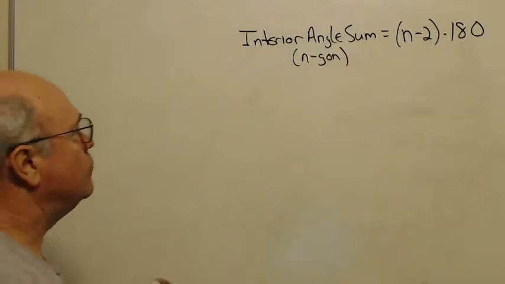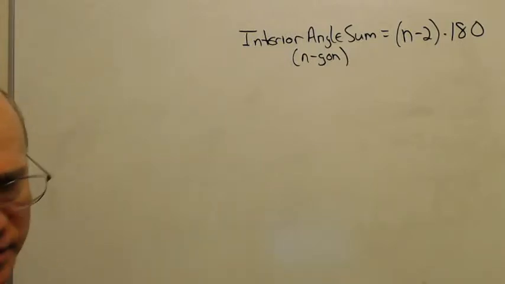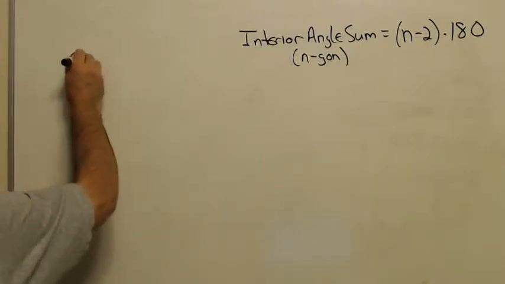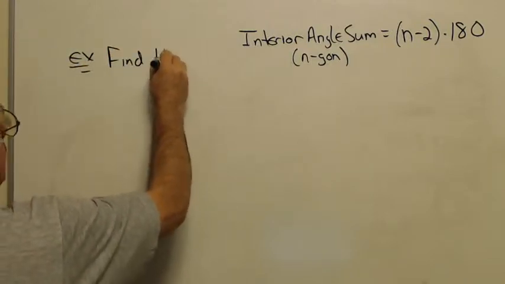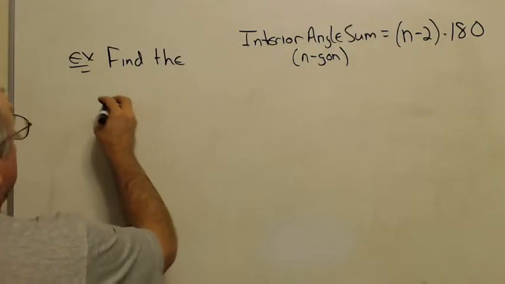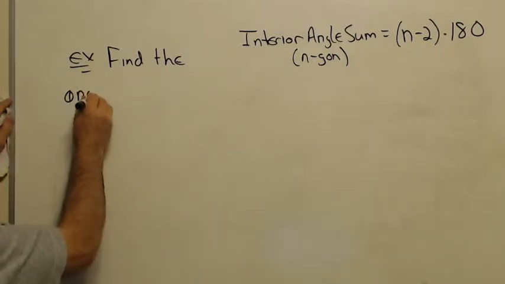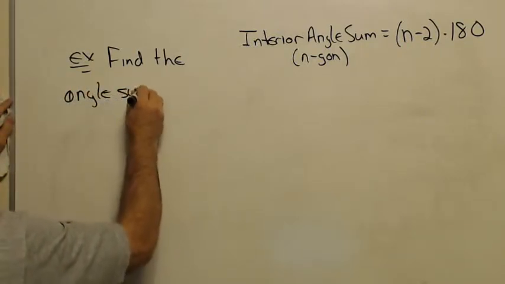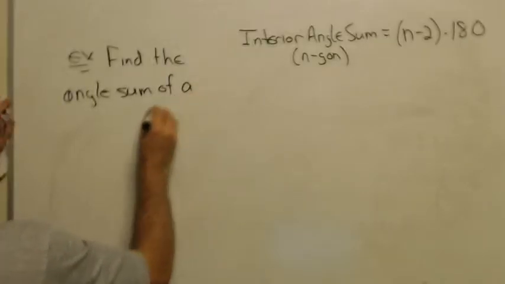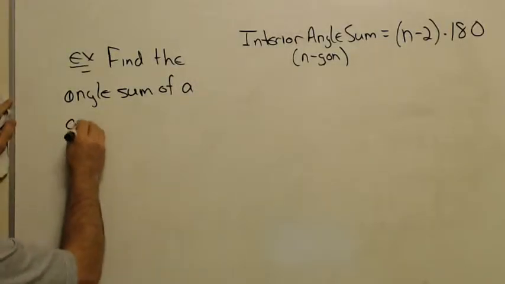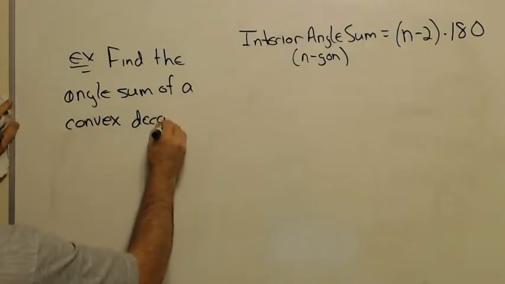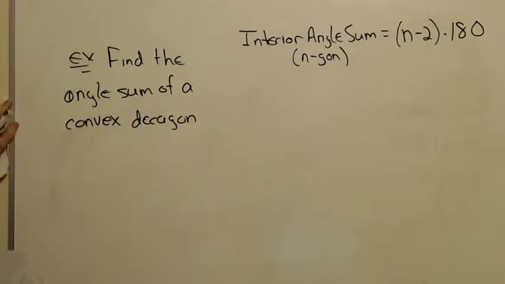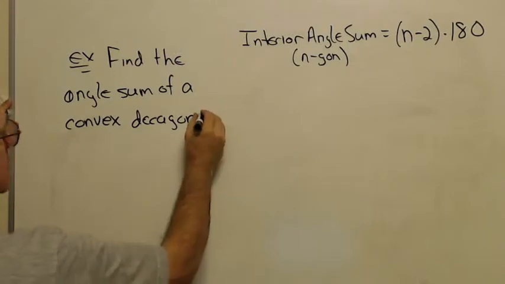Okay, so for example, we might have a problem that says, find the angle sum of a convex decagon. Now, a decagon, you'll learn in this chapter, has 10 sides.